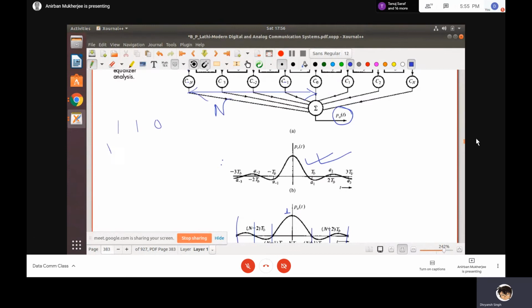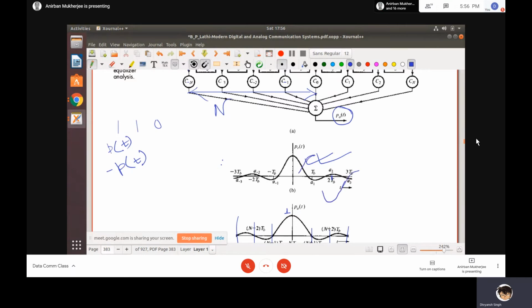Say 1 is PT and 0 is minus PT. 1 is this type of pulse, then another one, you have another shifted version of this one. Then 0 means shifted by 2 dB, but inverted version, something like this.